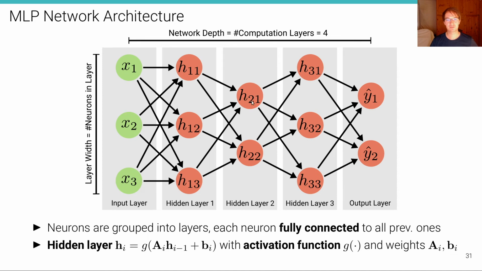So for instance, this variable here is connected to all 3 variables of the previous layer. In my notation here, I'm using the first index of the hidden layer variable, or the neuron in a hidden layer, as the layer index, and the second one as the neuron index within a layer.